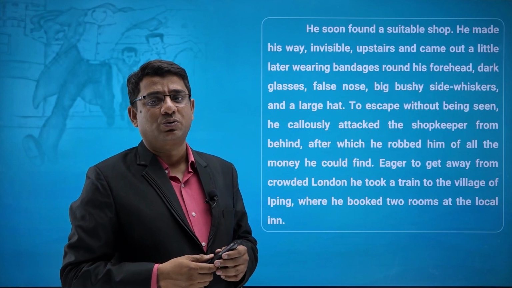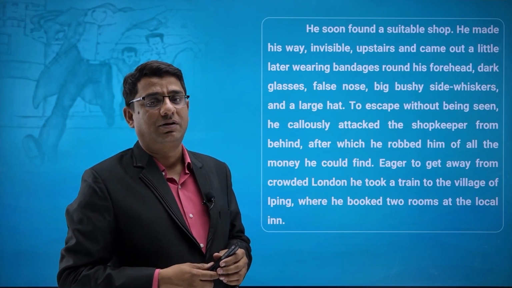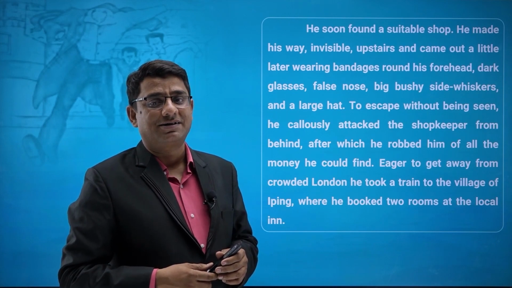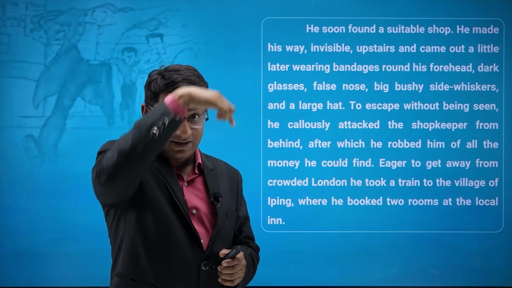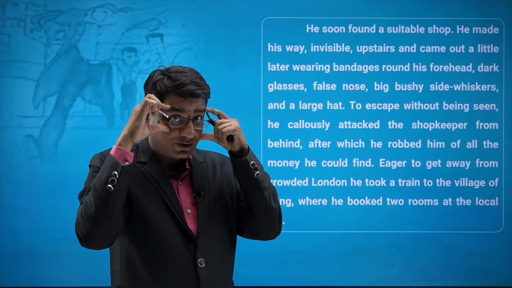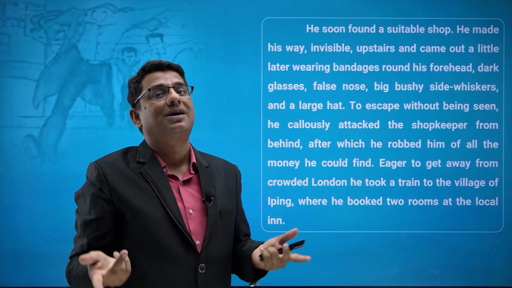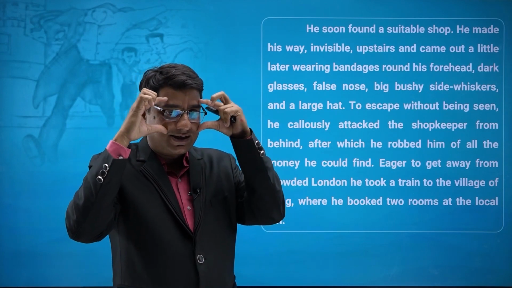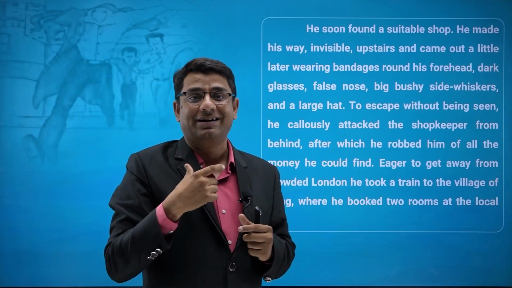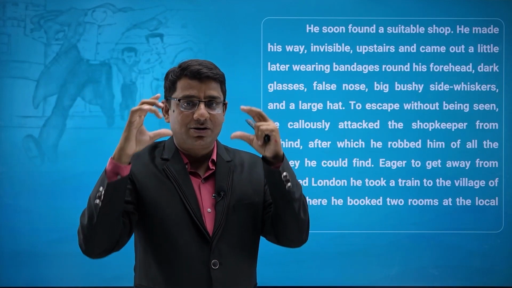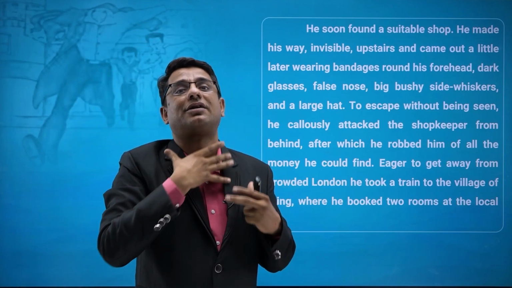He soon found a suitable shop. He made his way invisibly upstairs and came out a little later wearing bandages around his forehead. I told you that he had covered his entire face with bandages. He left only this much portion, because if he covers this portion also, then his eyes will also be wrapped, so he can't see. Otherwise, the entire portion he had covered with bandages, and he had put on goggles also, and then the hat, and he has covered everything till here with a muffler.